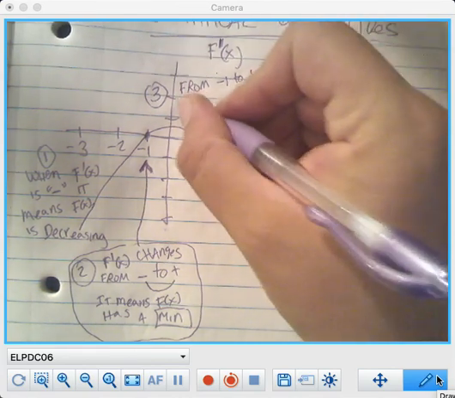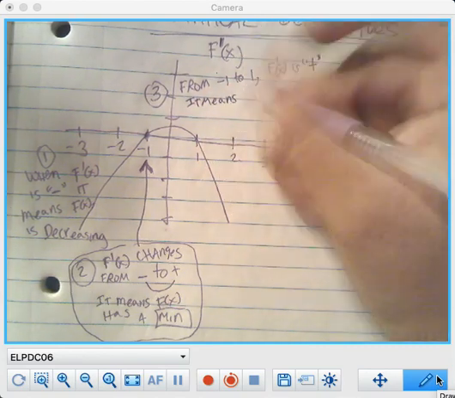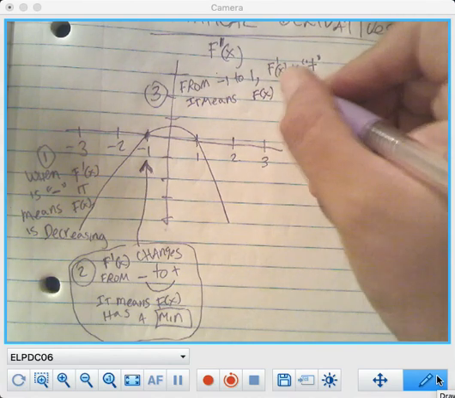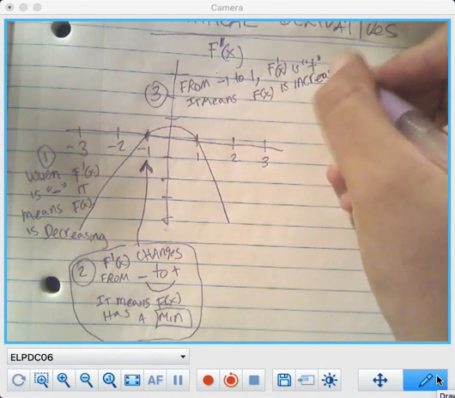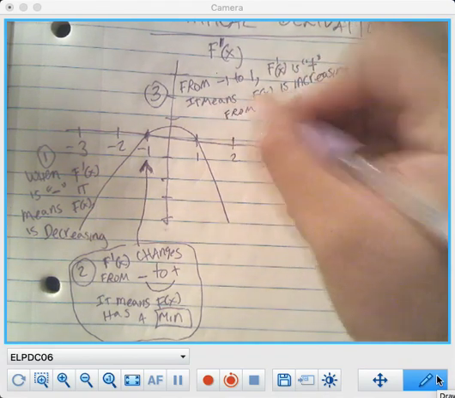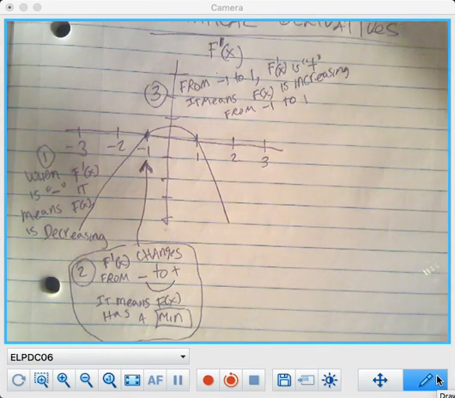It means f of x is increasing from -1 to 1.